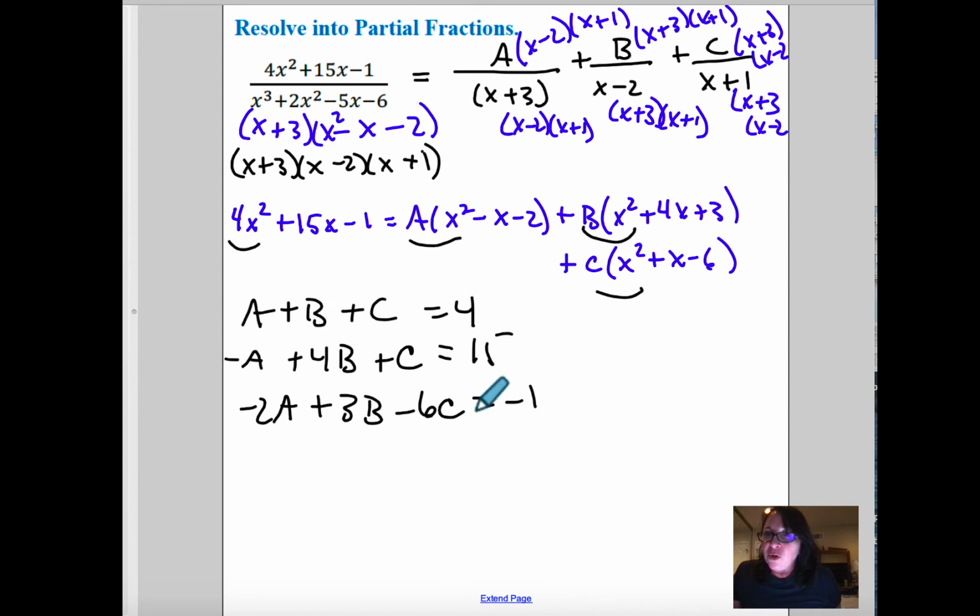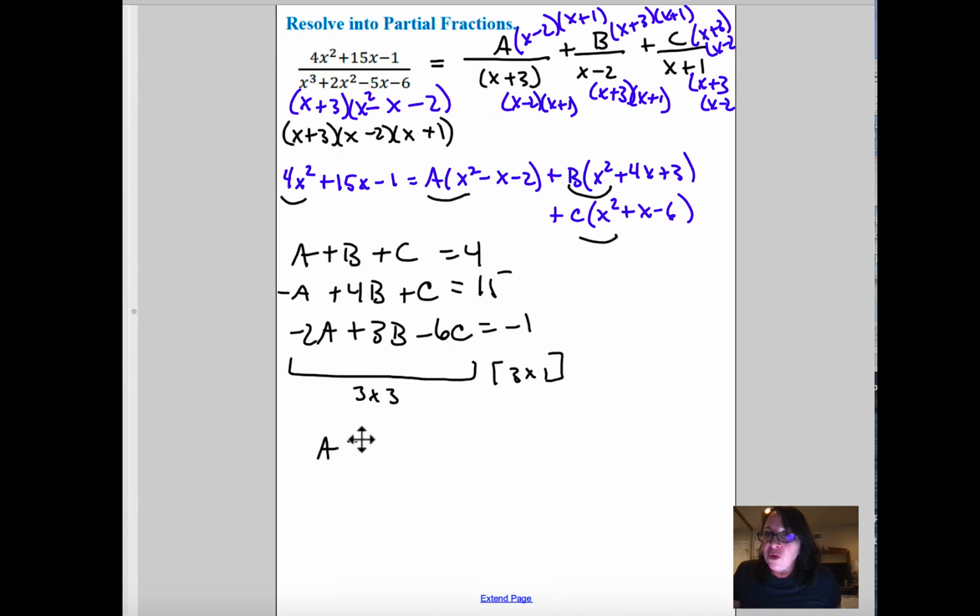At this point, yes, you can absolutely do this by hand, or you can use your calculator because this is a 3 by 3. This here is your 3 by 3, and this is times your 3 by 1, and the 3's cancel, so you're going to end up with a 3 by 1, of course, and your values are going to be a equals negative 1, b equals 3, and c equals 2.